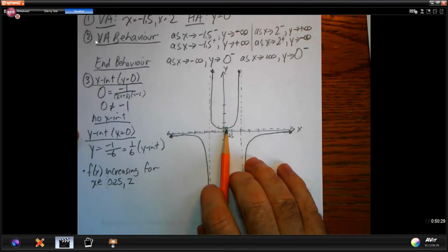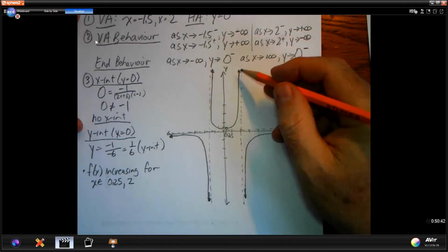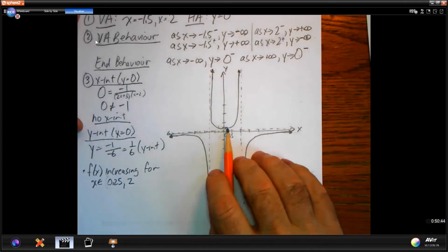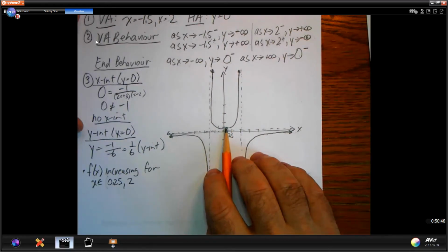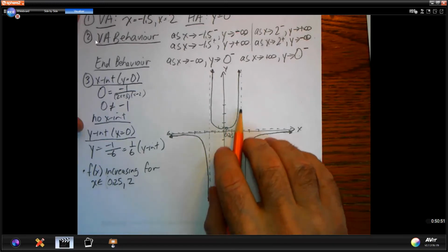Well, at the lowest point, or the highest point, the vertex-like point, it's not increasing or decreasing. It's in the process of changing. So we don't include the 0.25. Even though that's a point that's actually physically on this graph, it's not increasing or decreasing at that value. It's decreasing to the left of it, it's increasing to the right of it.